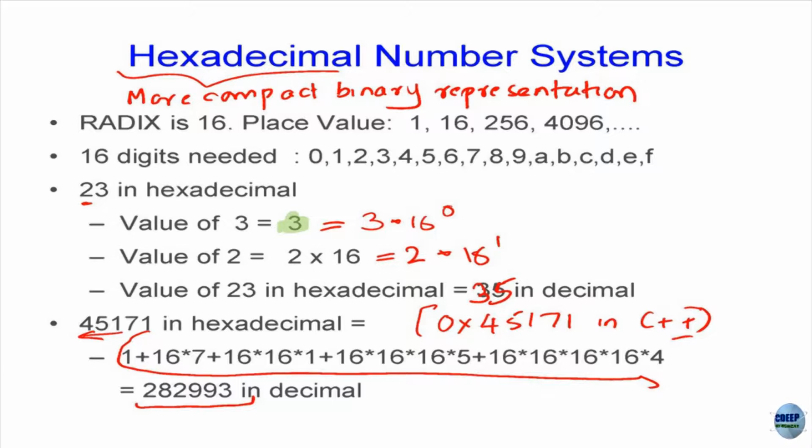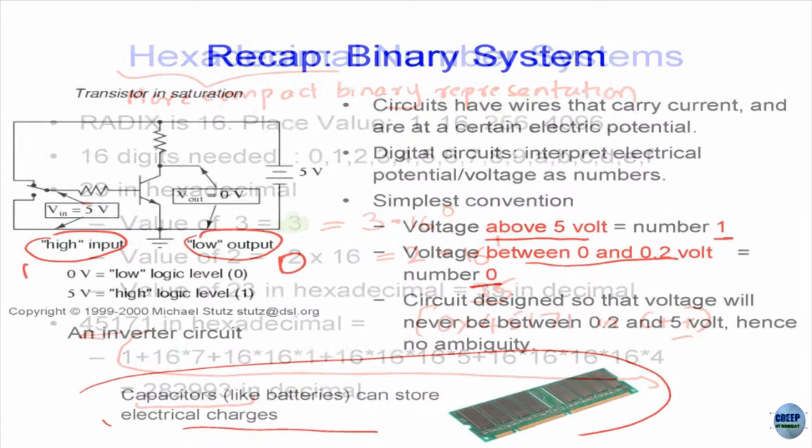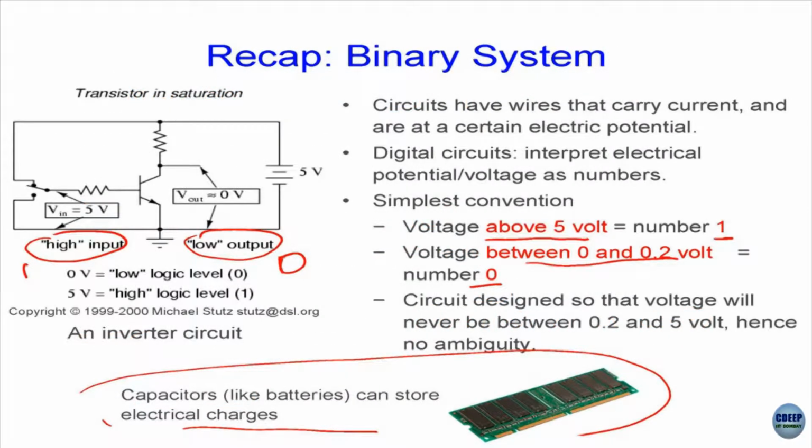So hexadecimal has a special place. There's an explicit way in which you can assign an int to some hexadecimal value, but when you do it in hexadecimal, you're actually representing it in binary value only. It's a more compact binary representation. And we have already seen why binary is intuitive.